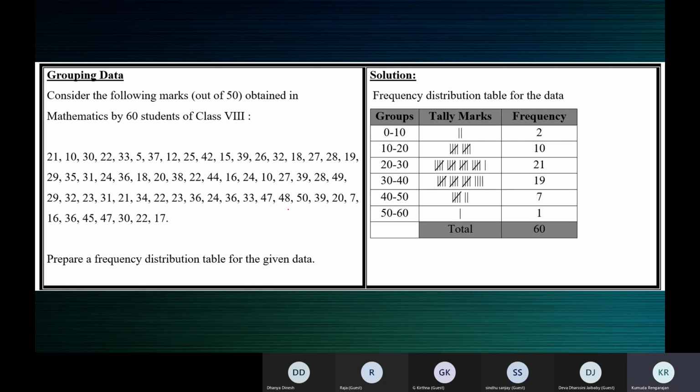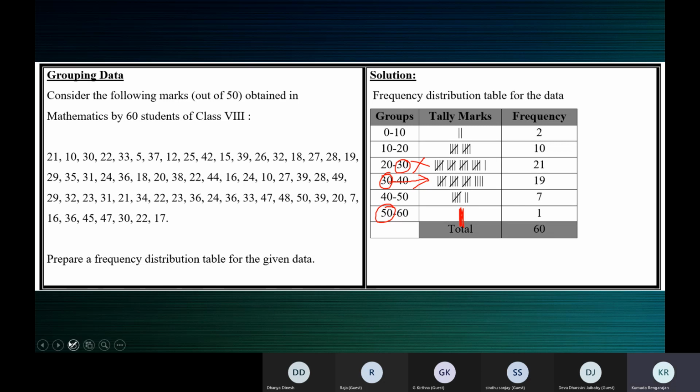So just to include 50, we construct another class interval 50 to 60, where 50 is a lower limit, and you use this class interval to include 50. So 30 is here, 30 is also here. 30 should be included here and not here. Not where it is the upper limit, where it is the lower limit.